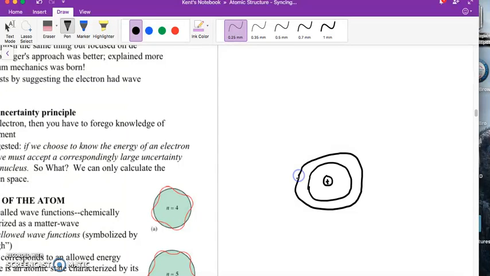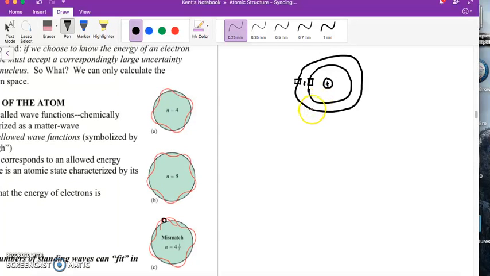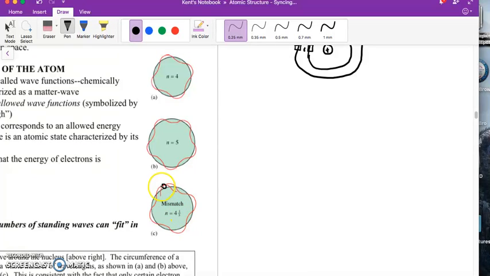So why is the probability of finding the electrons much greater in this space and this space than it is in between here? It's because of this destructive interference that happens, okay? So if you take the principal energy level, or kind of the distance out from the nucleus, and you try to assign a fraction to it, you get this mismatch that occurs right here. And this mismatch leads to destructive interference, okay?